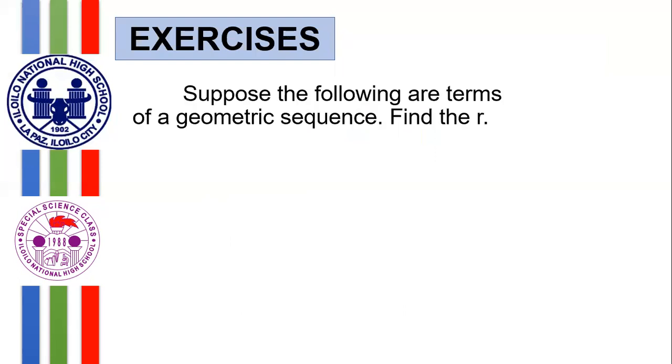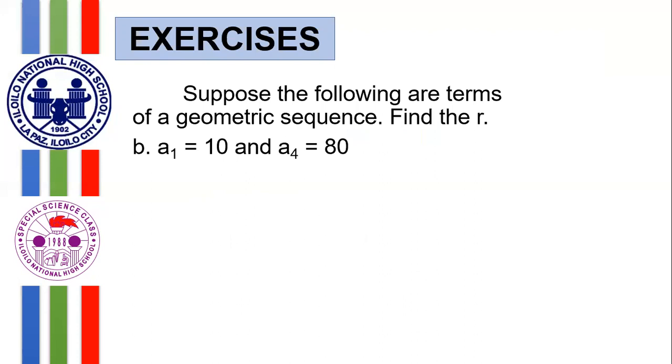Let's have these exercises. Suppose the following are terms of a geometric sequence. Find r, or the common ratio. For example, the first term is 10 and the fourth term is 80. What's the common ratio?